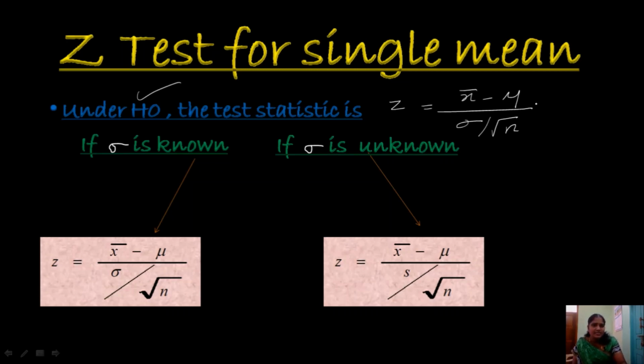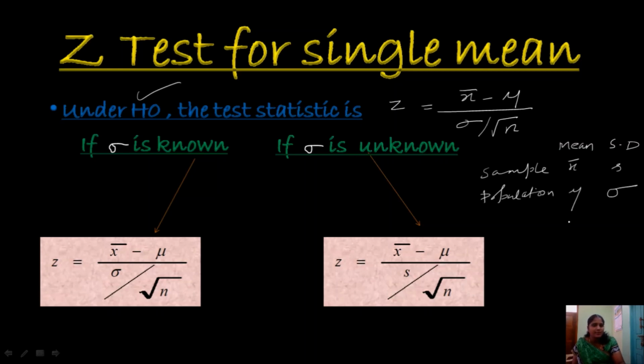Let me explain the symbols used in both population and sample. For a sample, its mean is represented by the letter x bar and standard deviation is denoted by the letter s. And for a population, its mean is denoted by the letter mu and its standard deviation by sigma.